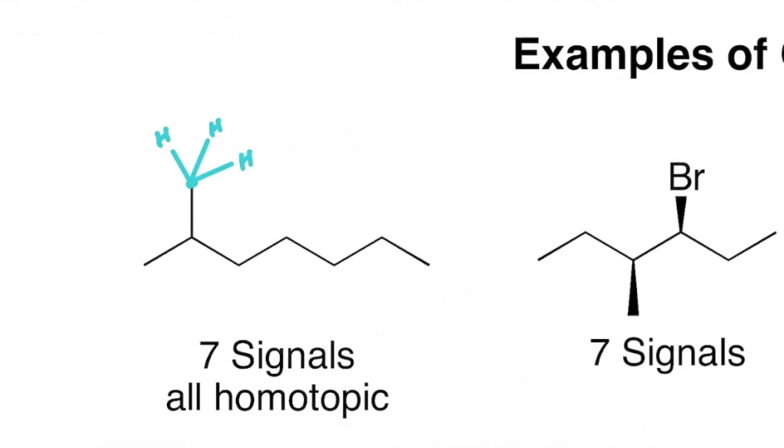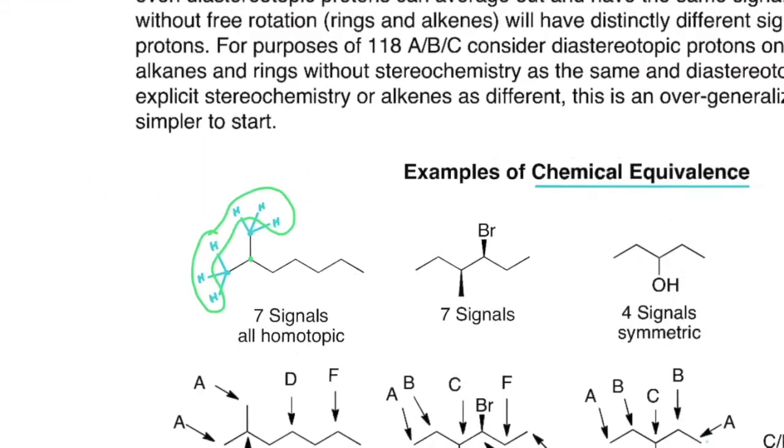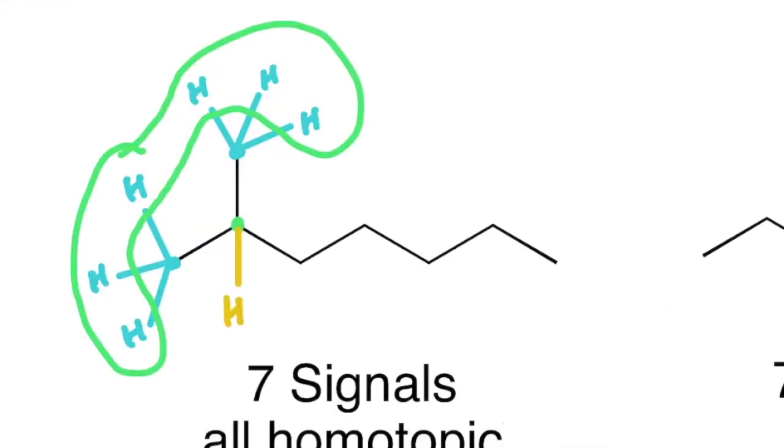These 2 pairs of hydrogen, all 6 blue hydrogens, are bonded to carbons, and these 2 carbons are both bonded to this green carbon. These 6 hydrogens have the same chemical environment. We call this chemical equivalence. This is the second signal because this hydrogen has a different chemical environment than those blue hydrogens. So this is the second kind of hydrogen.